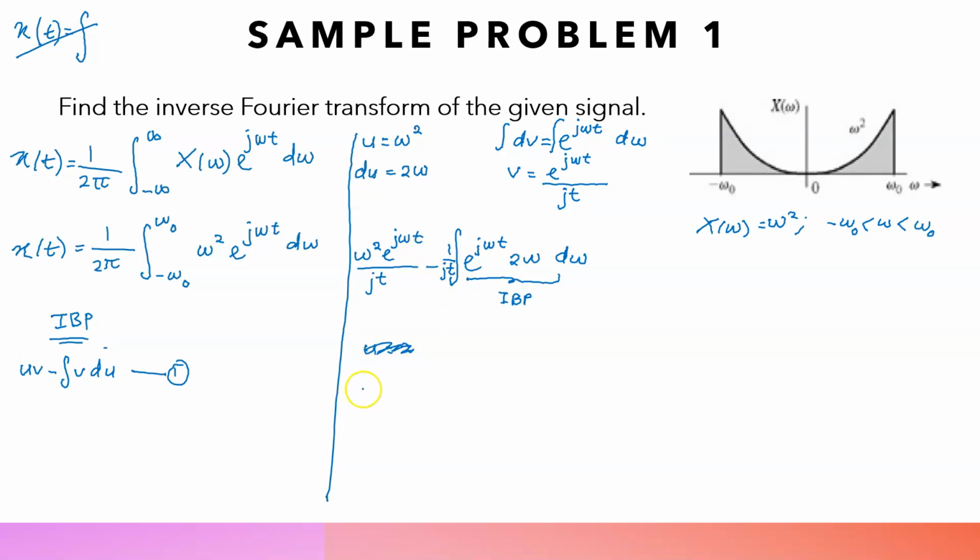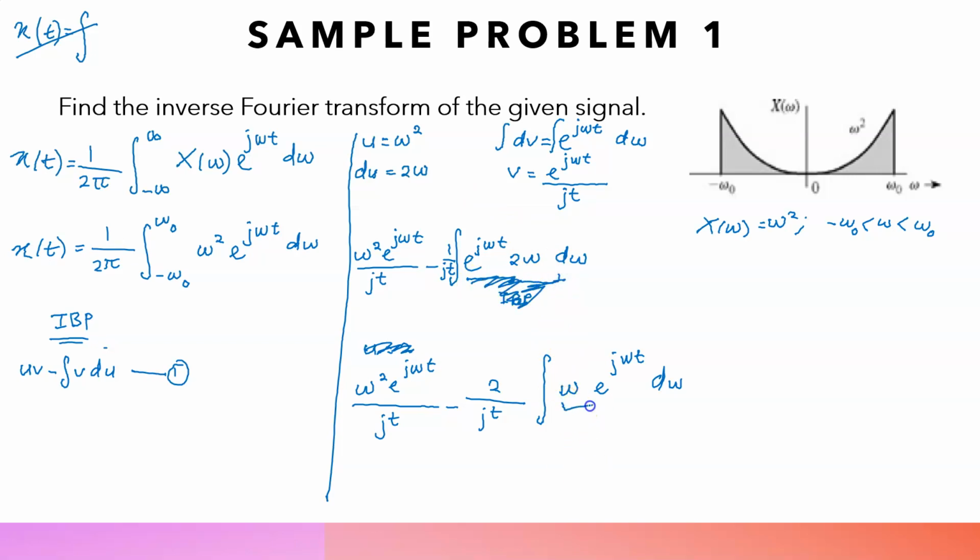So I have omega square e^(j omega t) over jt minus 2 over jt, and now it is integration of omega e^(j omega t) d omega. Now this part, let me just do this.